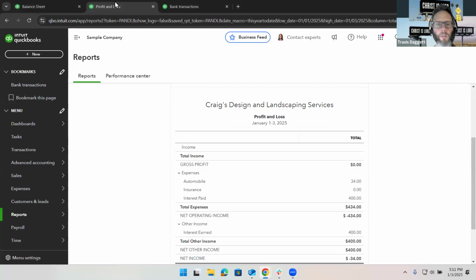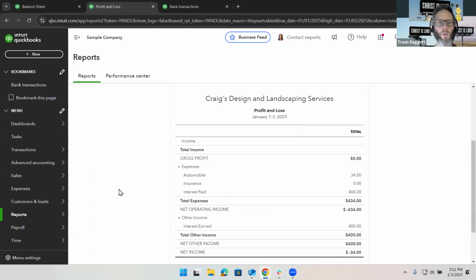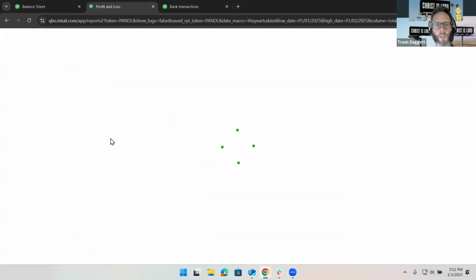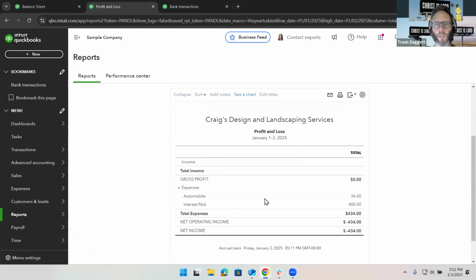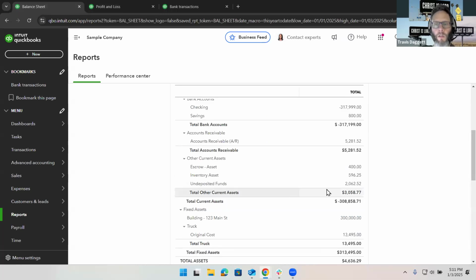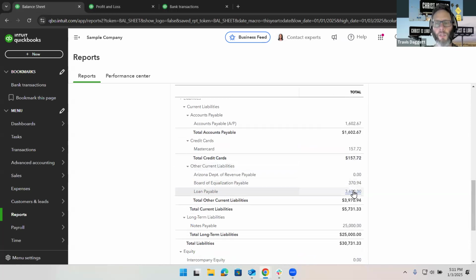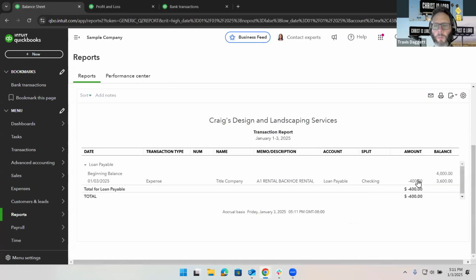I think everything else is on the P&L. So let's refresh this. Interest paid, $400. Oh, the loan payable, that's right. So that should be reduced by 400. So that's correct. Great.